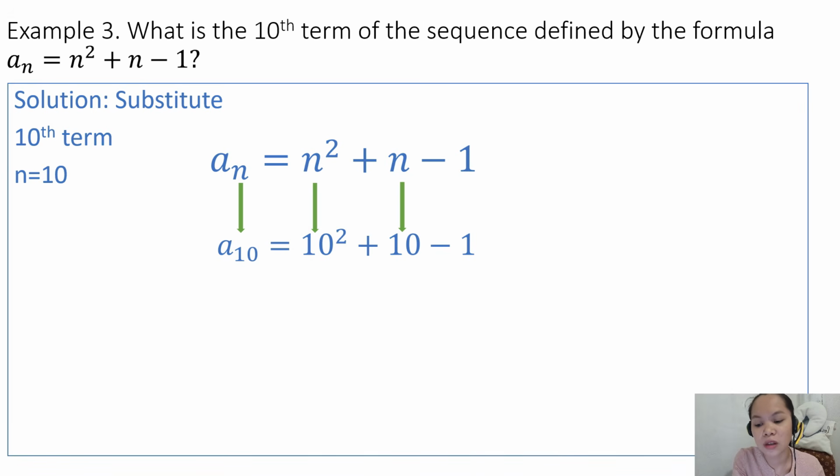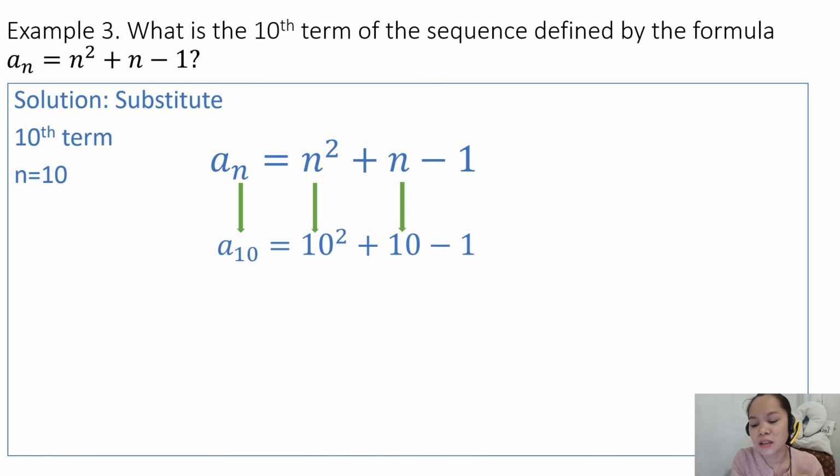Now I want you to recall the concepts on exponents in case you have forgotten. If we have a square, just like 10 squared, it means that we are going to multiply 10 by itself and not by 2.